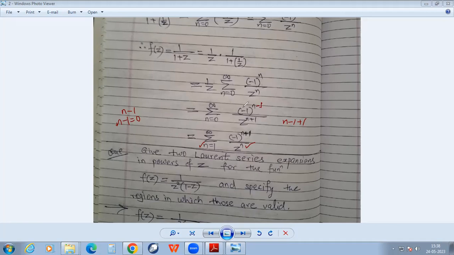Minus raised to even and minus raised to odd, two odds differ by 2, two evens differ by 2. So either you call it minus 1 or plus 1, the thing obeys. It will play the same effect. You can expand it and check.